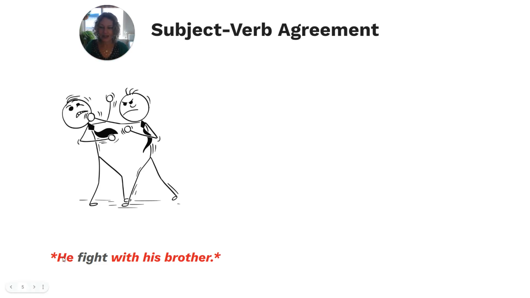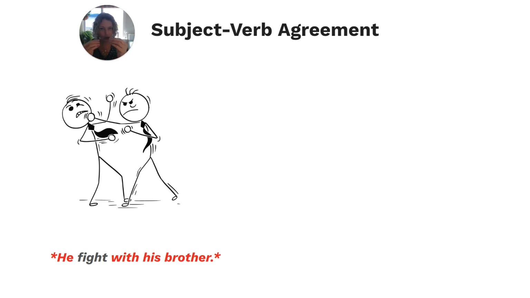The subject is he, and then the verb, if we're using the present tense, should have an S on it, right? So in the third person, the verb needs an S. And if you don't have an S, like "he fight with his brother," then it's like the subject and the verb are having an argument.